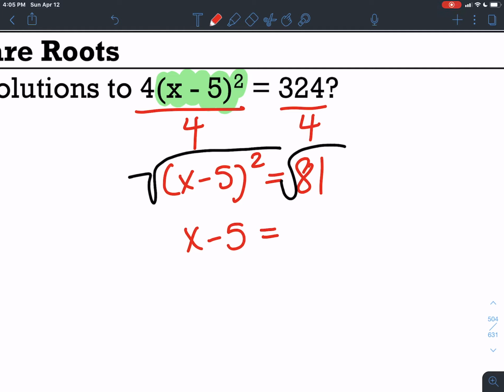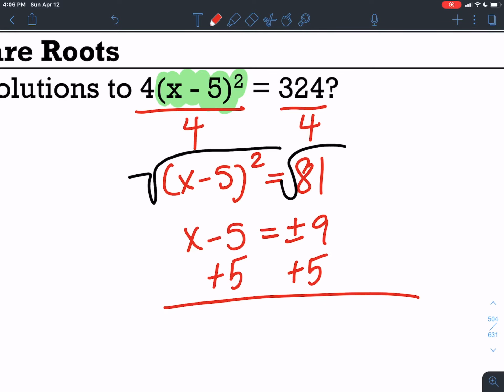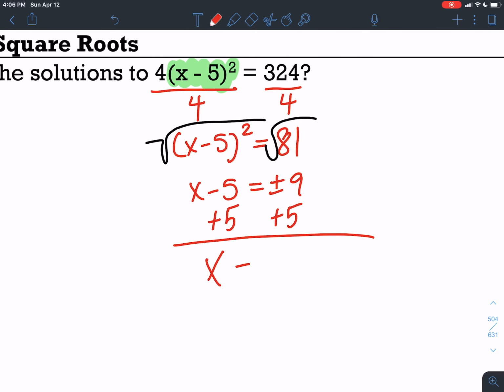Negative 9 times negative 9 is also positive 81, plus or minus 9. Now I'm going to continue to try and get my x by itself. First thing I'm going to do is add my 5. So this becomes x equals 5 plus or minus 9.